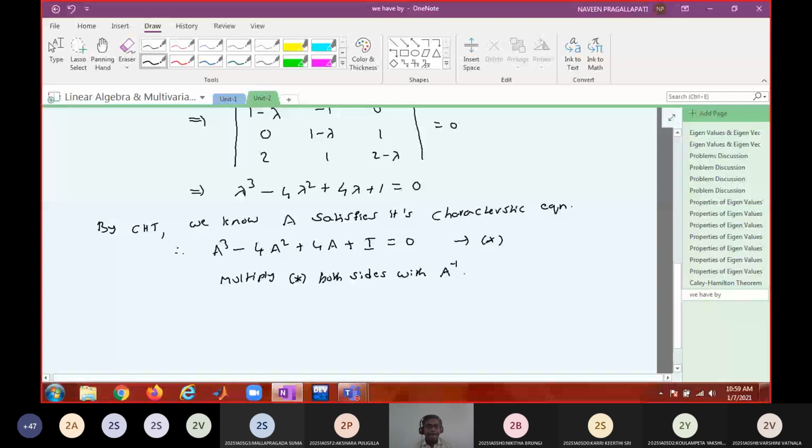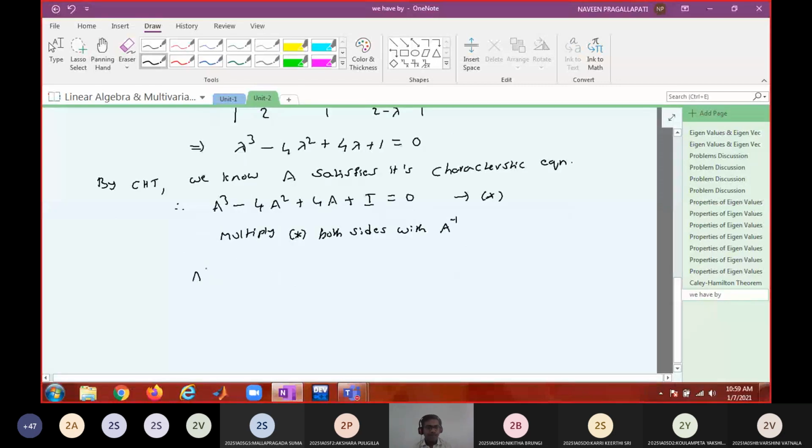We get A inverse into A square minus 4A plus 4I plus A inverse equal to 0.